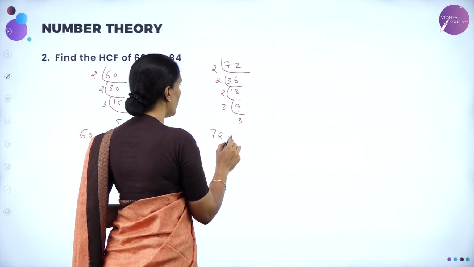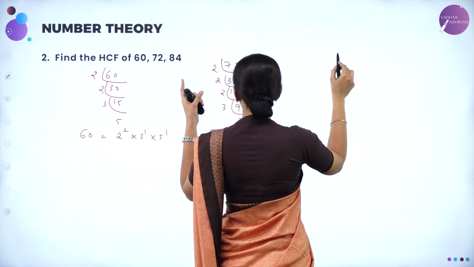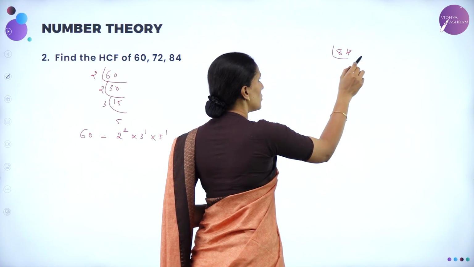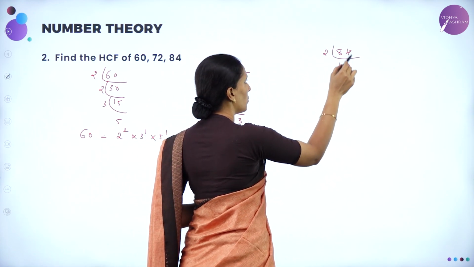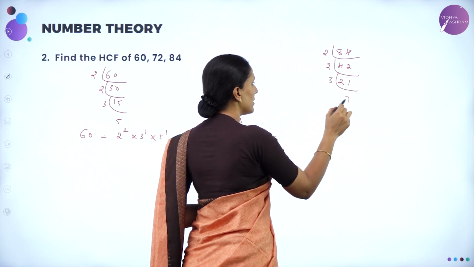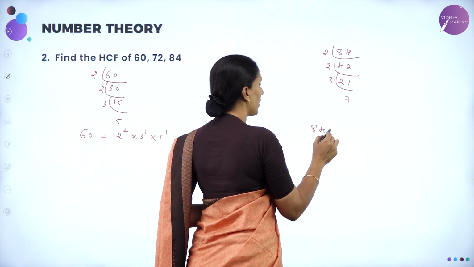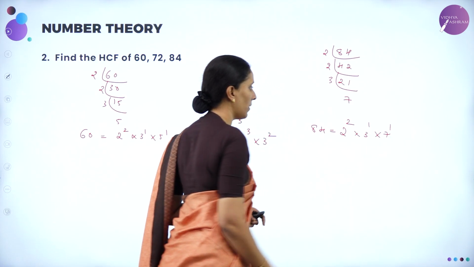So 72 can be written as 2 cube into 3 square. Next the last one is 84. When you divide 84, 2 42s are, 2 21s are, 3 7s are. So 84 can be written as 2 square into 3 power 1 into 7 power 1.